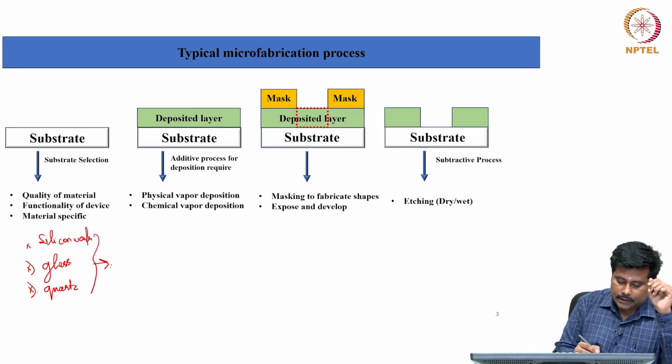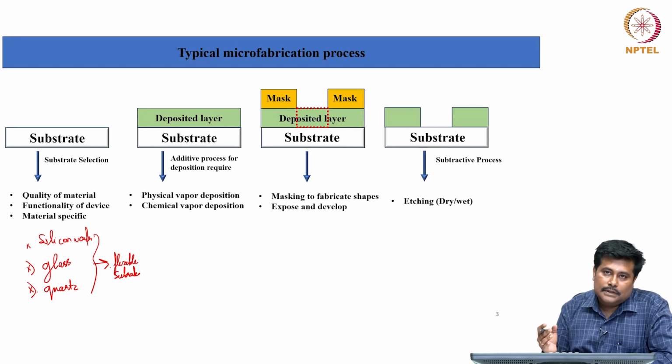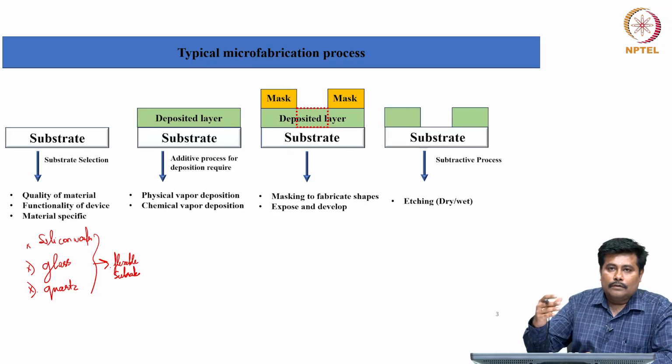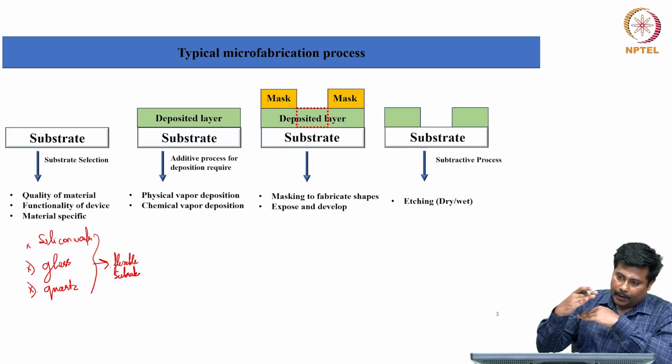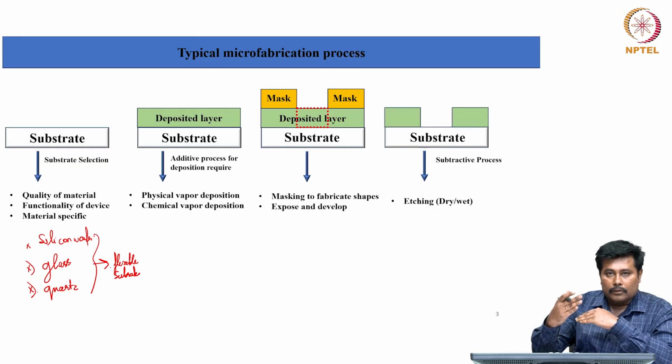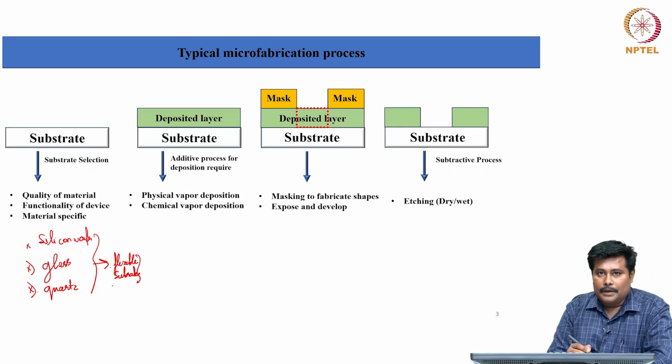In addition to this, different flexible substrates are also available. The main function of these flexible substrates is that we have an active medium, and in order to cater to or participate along with the active medium, such flexible substrates can be deployed.